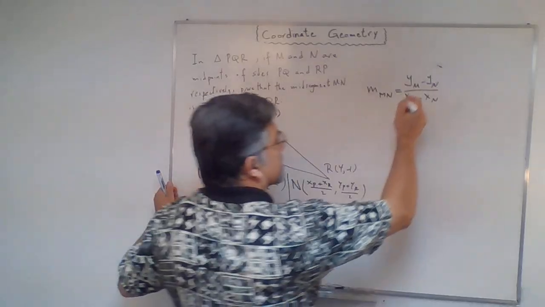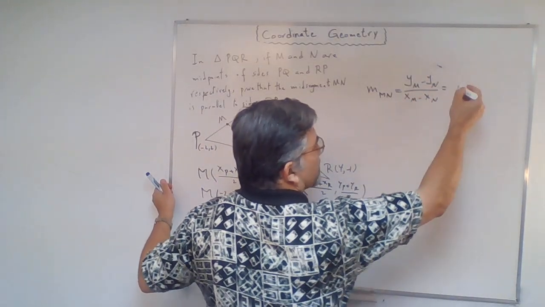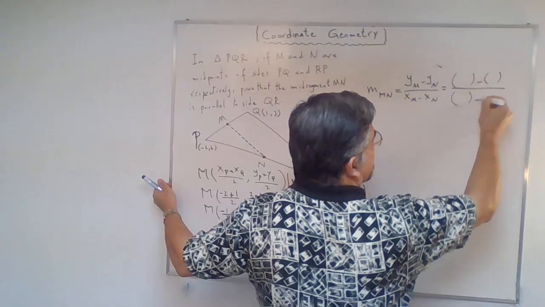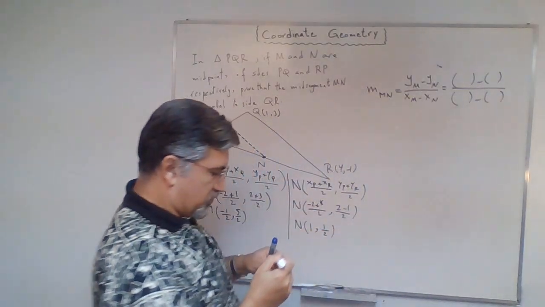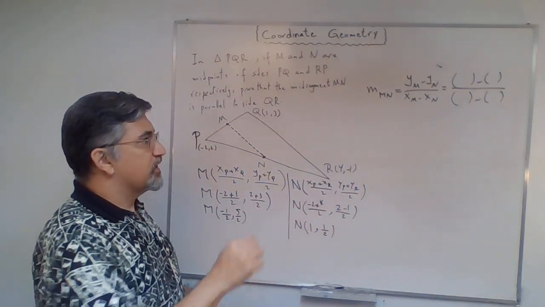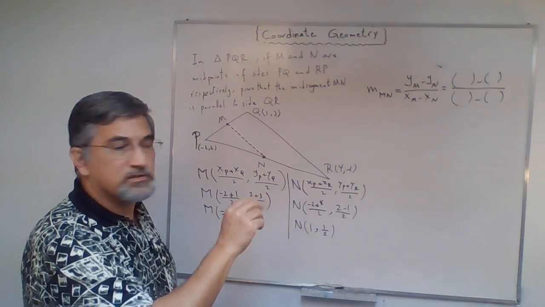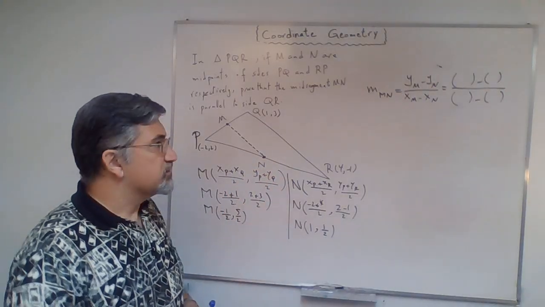Okay, so now we just have to plug in numbers, and I always open and close empty brackets, and then I just plug in the x and y coordinates of the 2 points inside the brackets without making mistakes.